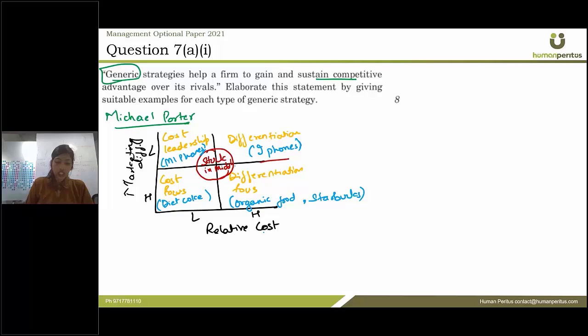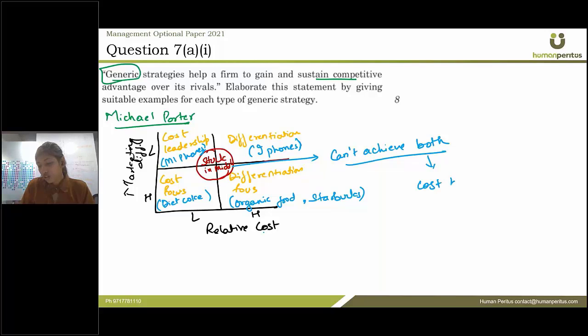Last one is stuck in the middle. Stuck in the middle is where you can't achieve both. It says that either you can have cost benefit or you can have differentiation benefit. So there's a trade-off between cost and differentiation.